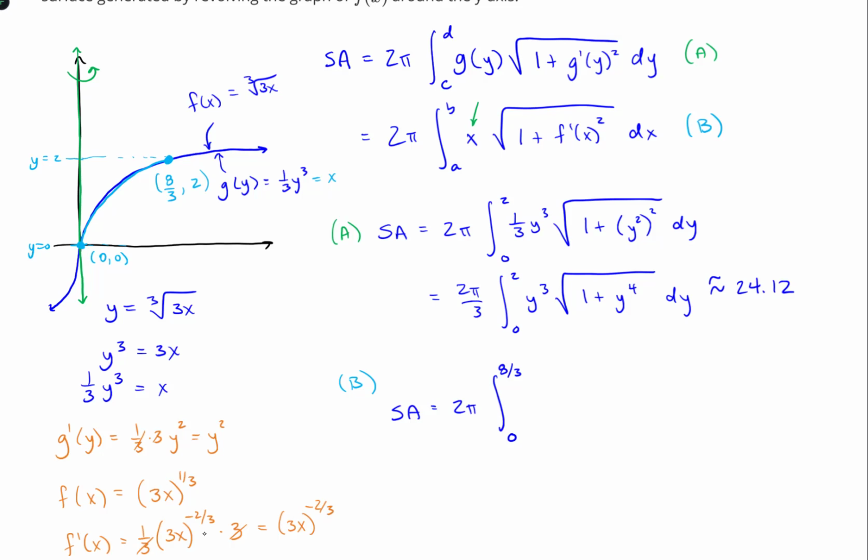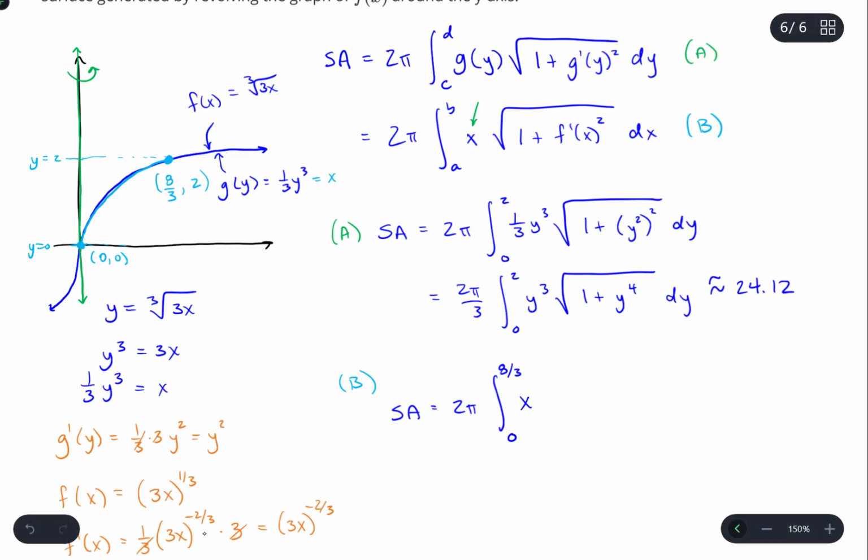Well, the reason it works is really very simply because the function g of y outputs the x value, and so we're really just replacing g of y with x. It's really just as simple as that. So with that knowledge, we can change g of y into x, but we need to make sure we write our function on the inside of the square root as a function f of x equals y.